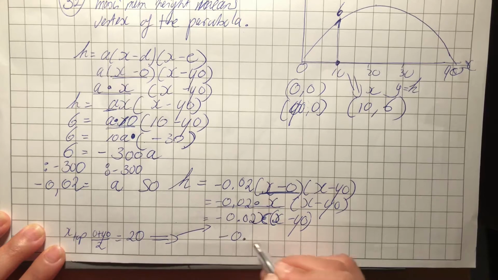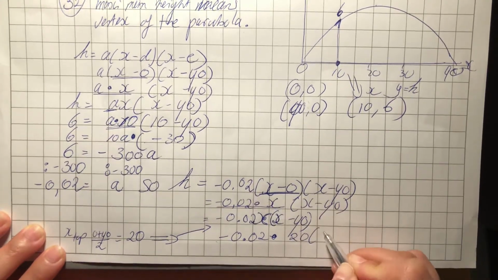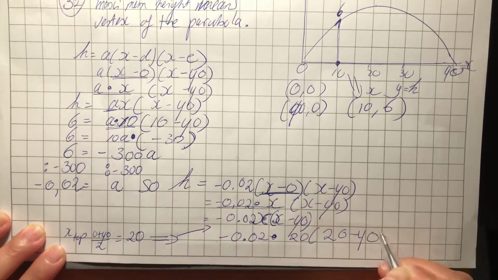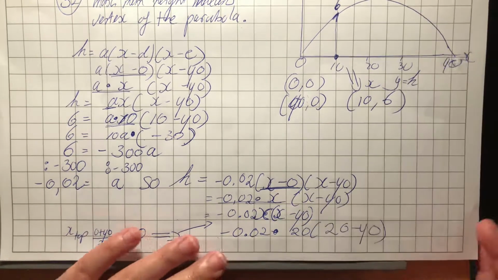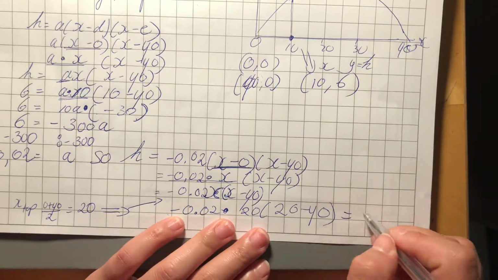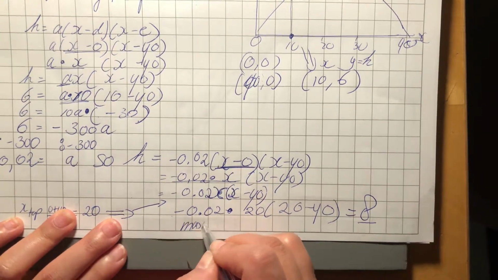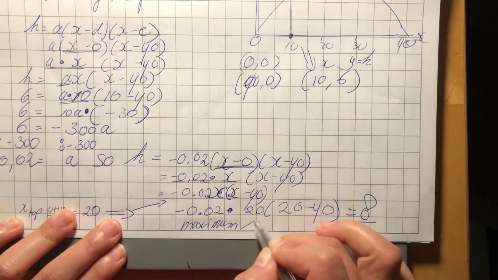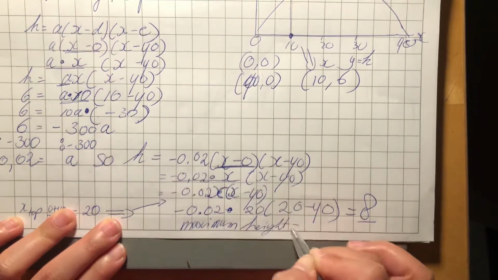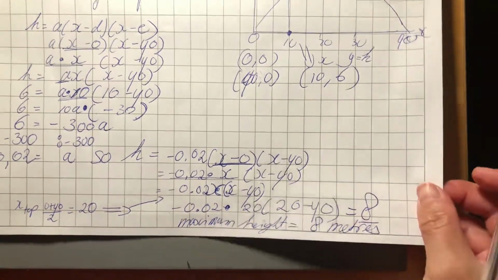And you get negative 0.02 times the 20, opening bracket, 20 minus 40. You use your calculator, whatever, and then when you've done it correctly, you get a beautiful number, number 8. So maximum height is 8 meters.